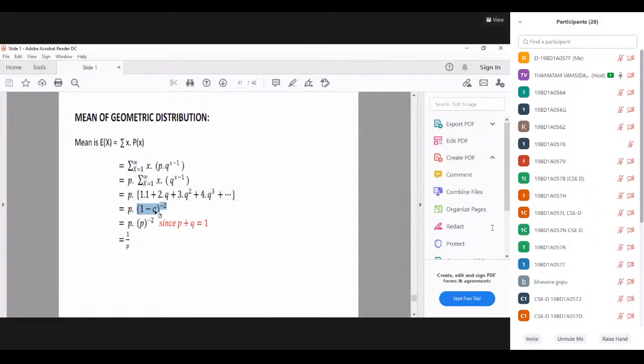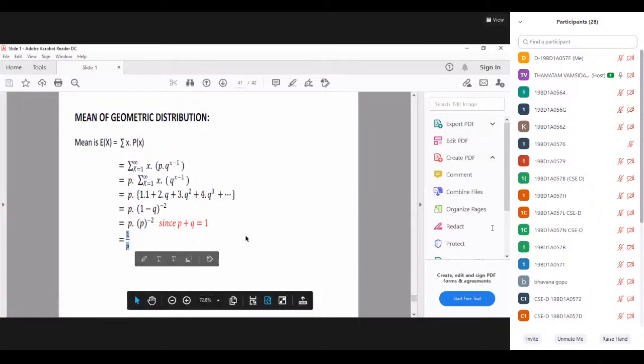We know that p plus q is 1, so 1 minus q equals p. So we get p power minus 2. Now when you are simplifying this, you can get 1 by p.